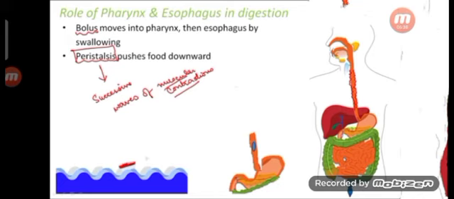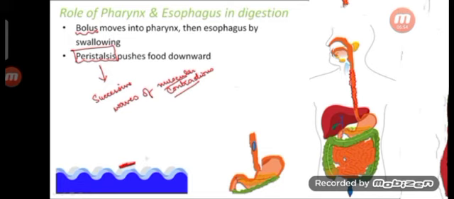When we eat something, it is chewed and partly digested by our teeth and salivary glands, and it moves to the pharynx and then to the esophagus.